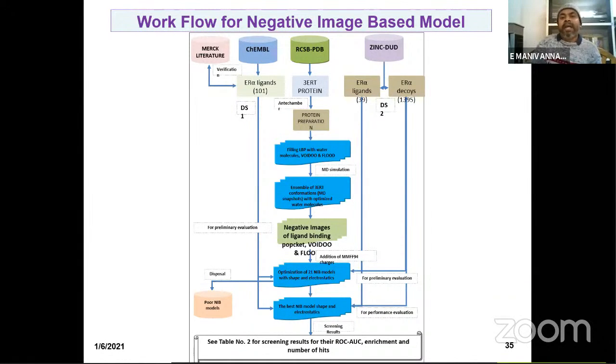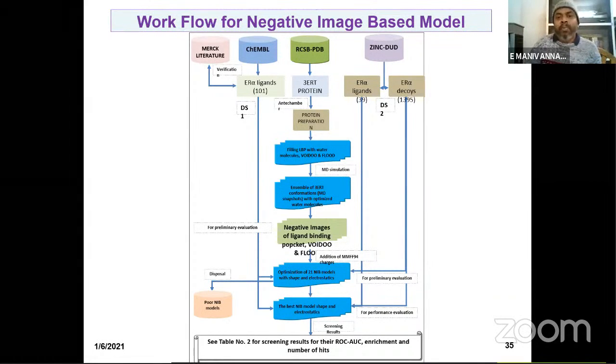Likewise, here in the virtual screening approach, the protein's active site, the ligand binding cavity, is taken as a negative image by using different computational approaches, and that negative image is then used for screening large numbers of chemical libraries.